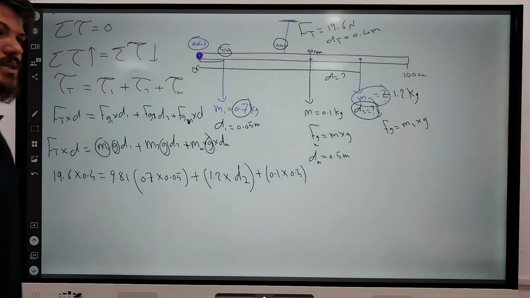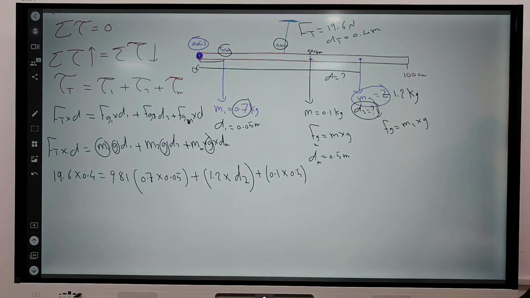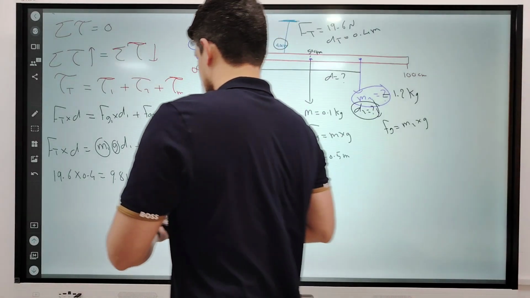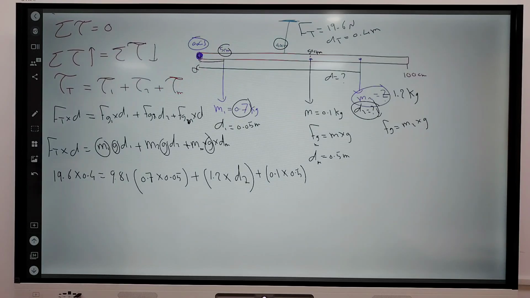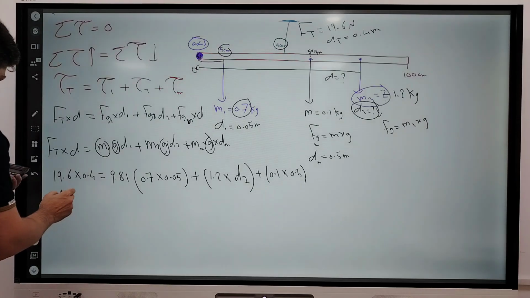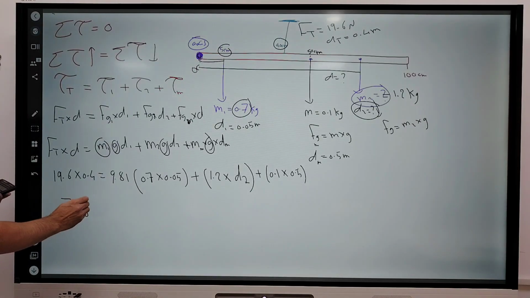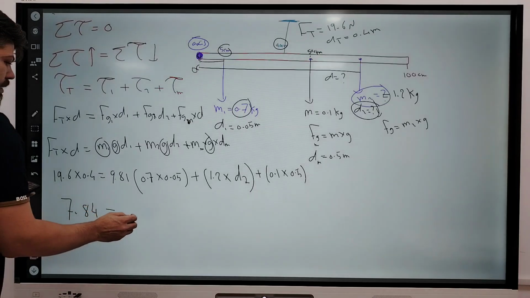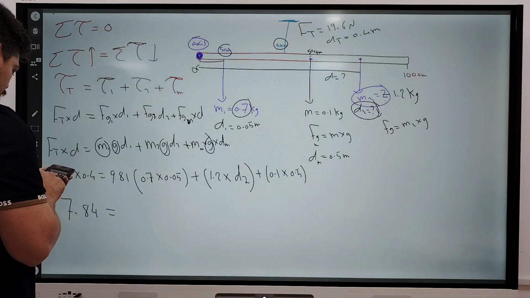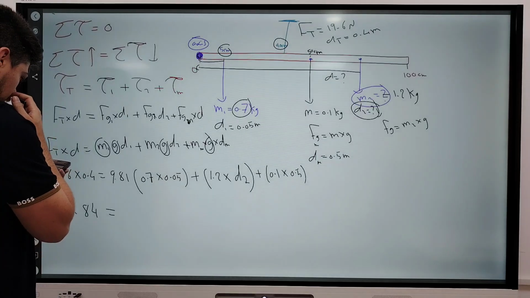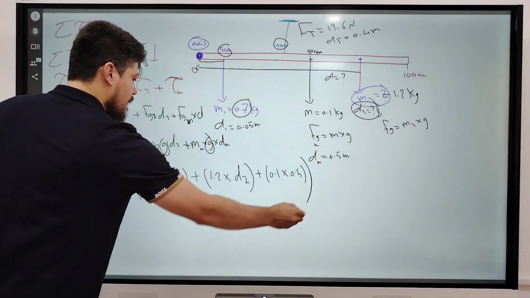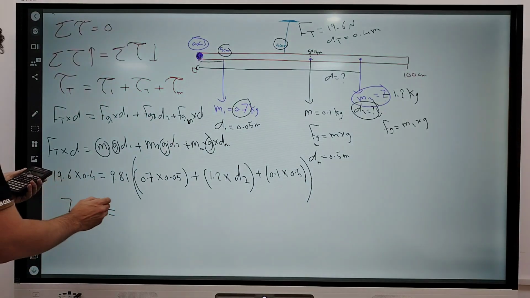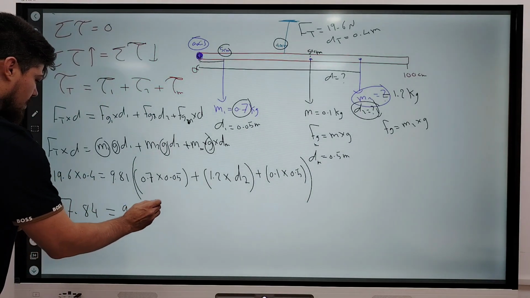So you can rearrange this equation. It becomes like that. 0.6 times 0.4, 7.84. So 4.7, 9.81.